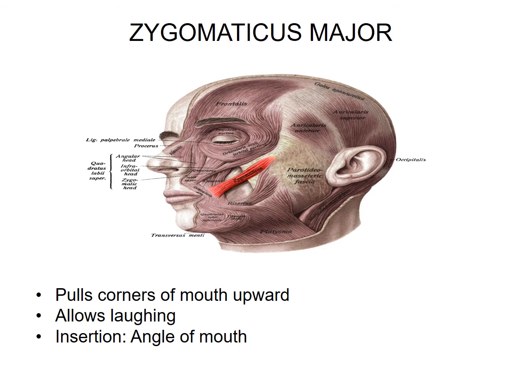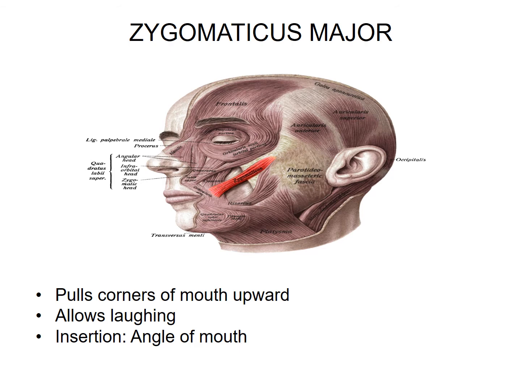Our next muscle is the zygomaticus major muscle. And once again, there are big muscles and small muscles. We have a smaller muscle than this called the zygomaticus minor as well. But the zygomaticus major is your main smiling muscle. So if you take a look at the origin and the insertion, it's pretty cool.